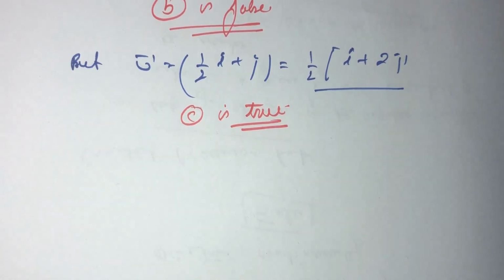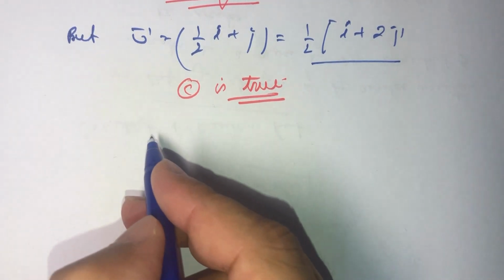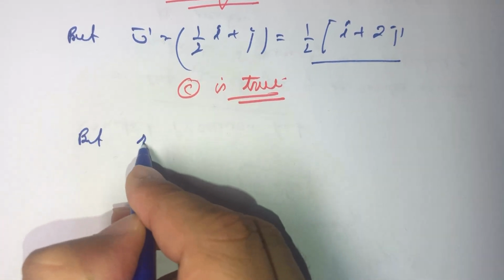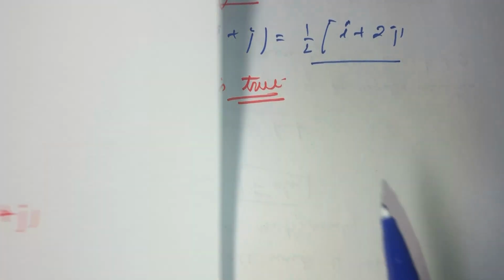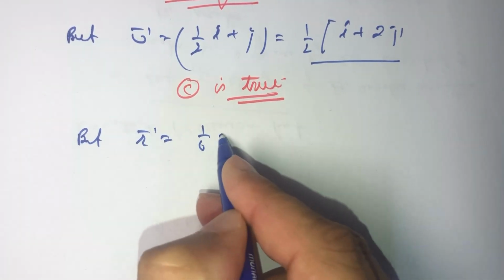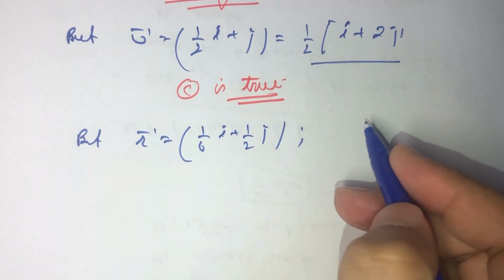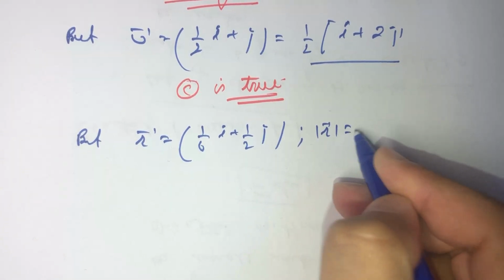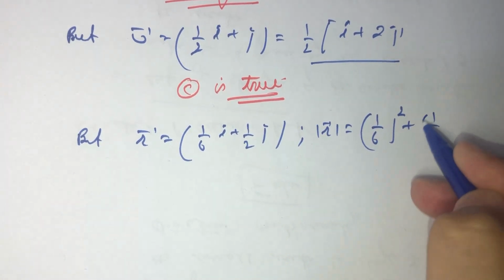And we have to find out the last part, that is D, that the magnitude of displacement of the body at time t is equal to 1 second is 1 by 6 meter. So we find the displacement vector R, which is 1 by 6 i plus 1 by 2 j, and we need to find its magnitude. Its magnitude will be the square root of 1 by 6 whole square plus 1 by 2 whole square.